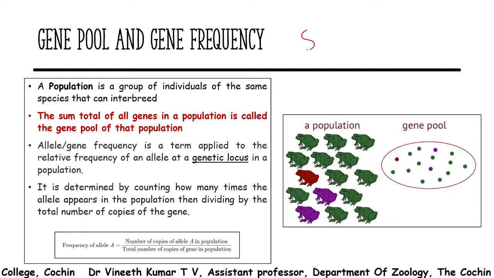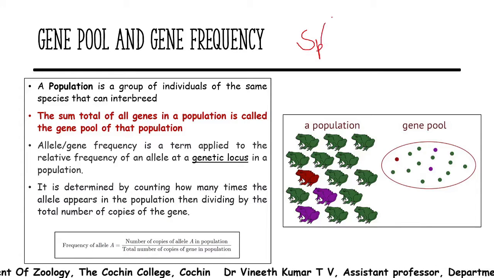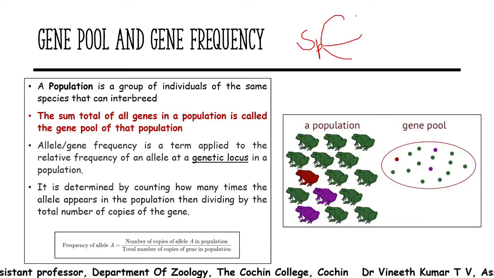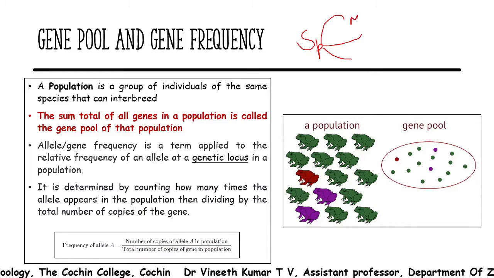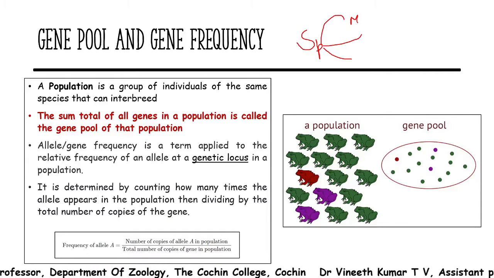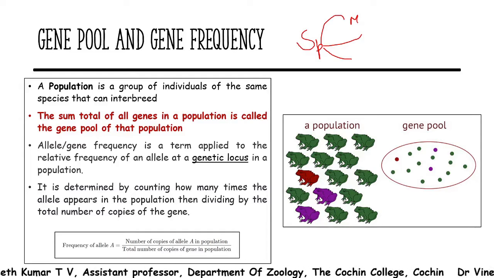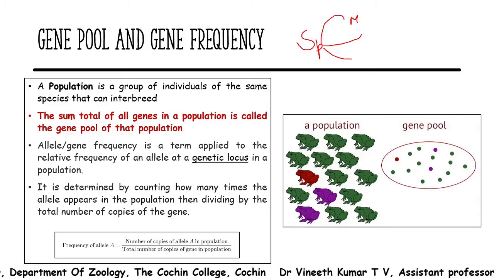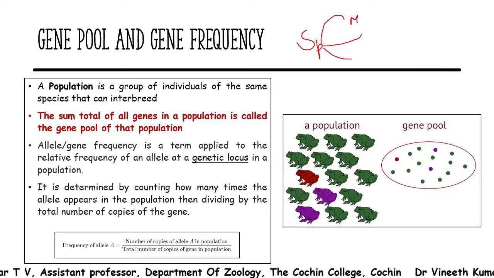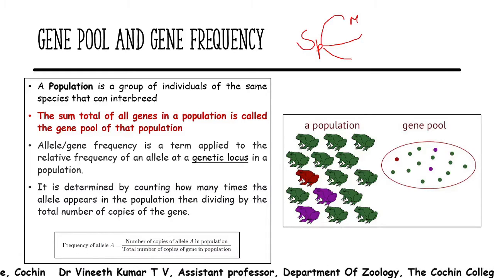If you call a particular group or two individuals as belonging to a species, they should be morphologically similar. Their physical appearances should be similar.